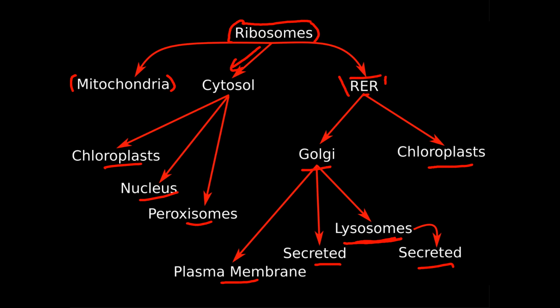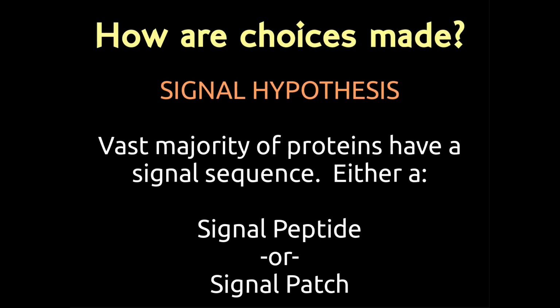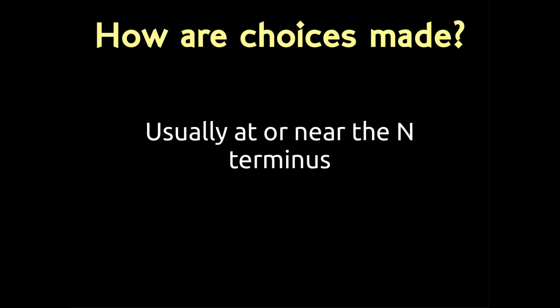So how in the world does this happen? One of the ideas of how this happens is known as the signal hypothesis. The signal hypothesis states that the vast majority of proteins have a signal sequence somewhere on the protein, either a signal peptide or some sort of signal patch, that directs where it's going to go.